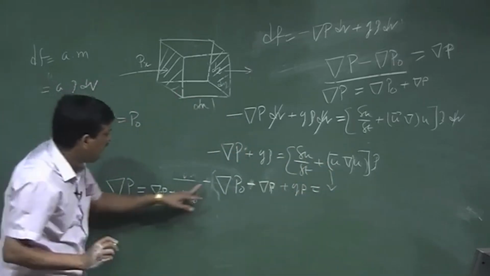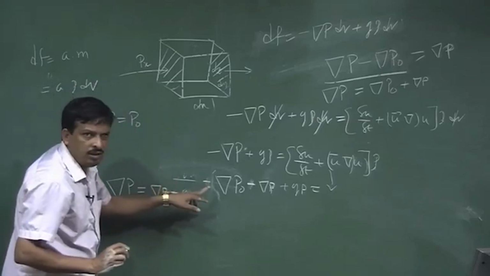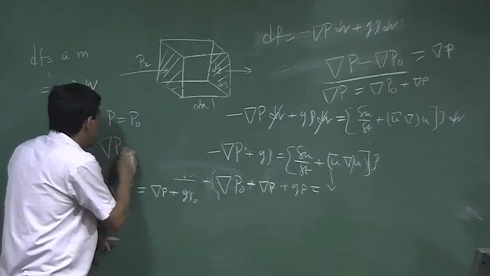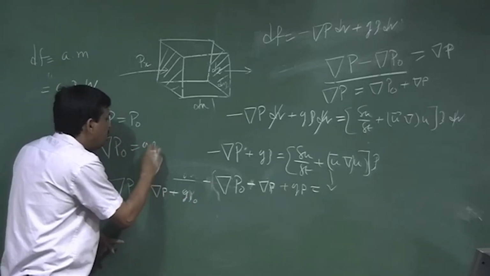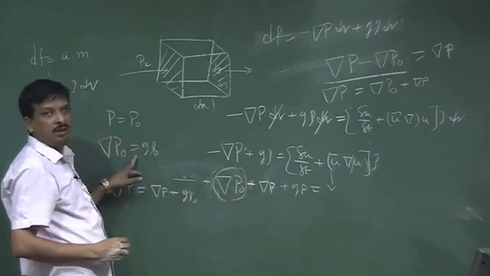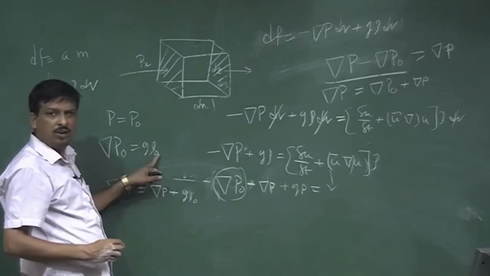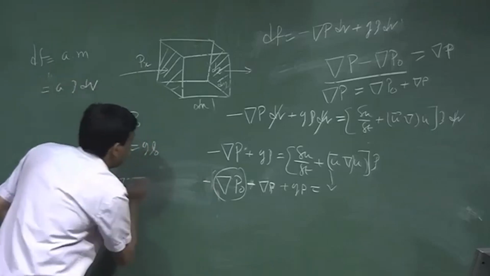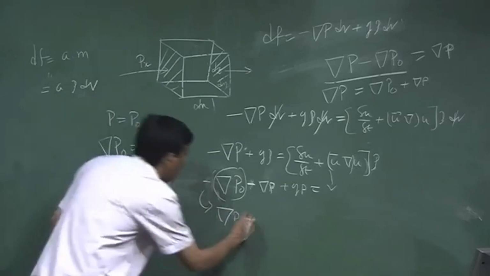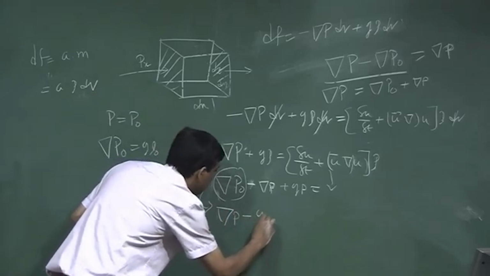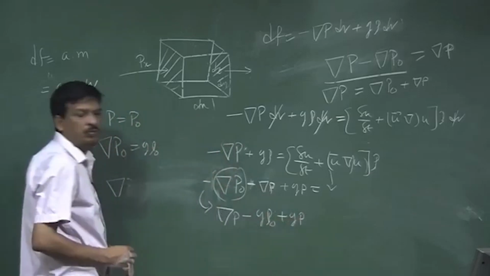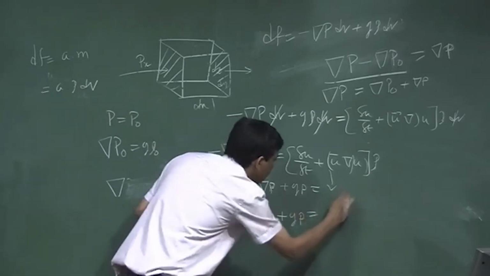Okay. Now, I said that when there is no acoustic pressure, then del P 0 is nothing but g rho 0. So, del P 0 is nothing but minus g rho 0. So, this equation is nothing but acoustic pressure small p plus minus g rho 0 plus g rho is equal to the same thing.